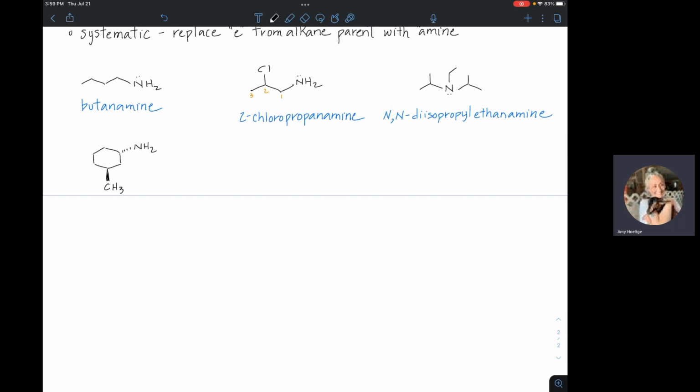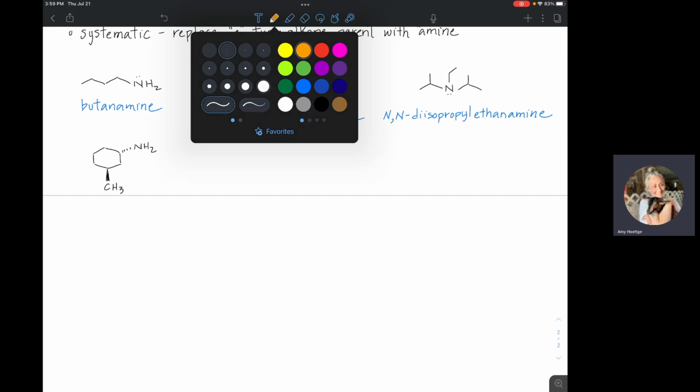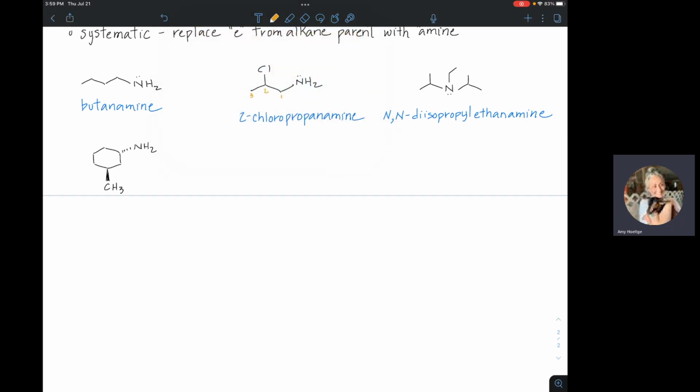So if you're wondering, how do you decide what carbon is what number in a ring? You're looking for the functional group. And when you find the functional group, like the amino group here, then you're going to assign that to the lowest numbered carbon, because any of those carbons could be carbon 1, right? Technically. So we've decided that that's going to be carbon number 1.